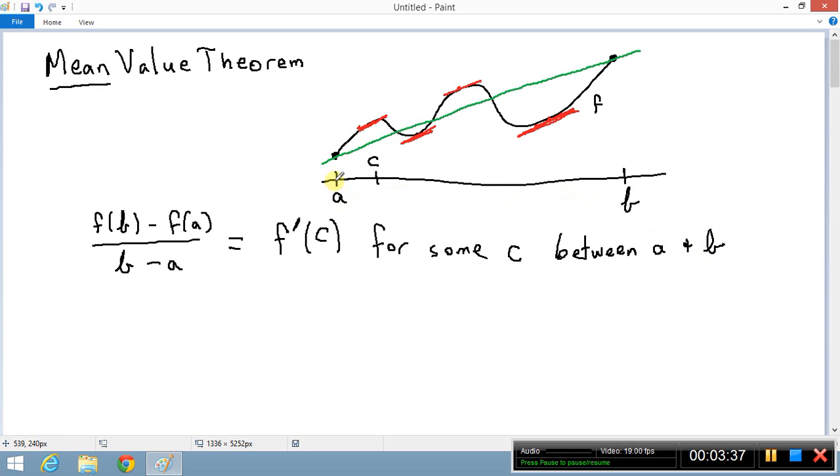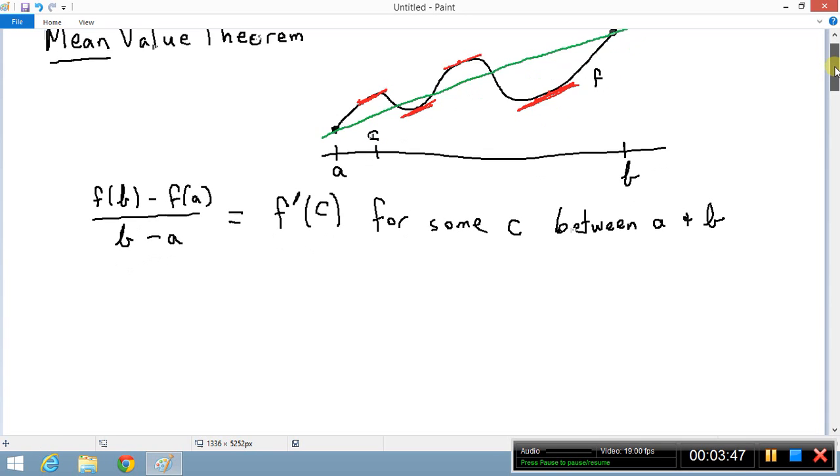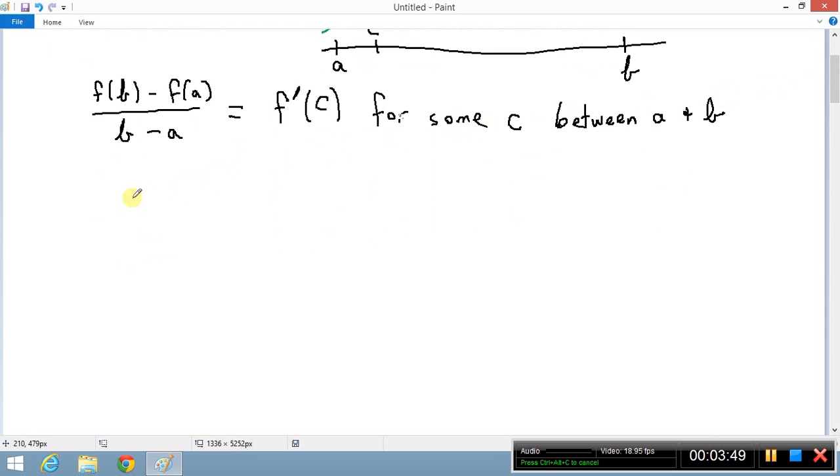Okay, so somewhere between here and here, there's got to be a C where the derivative is the same as the average rate of change. Let's look at a particular example of that. Take our favorite example, f of x equals x squared. And we could sort of pick a random starting point. Let's take the interval from -1 to 3.